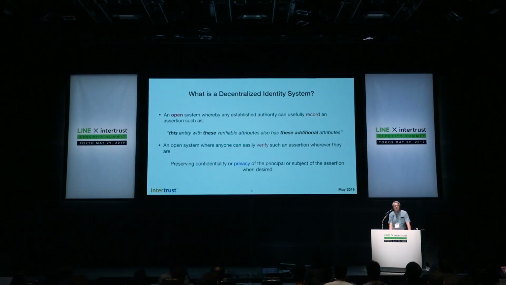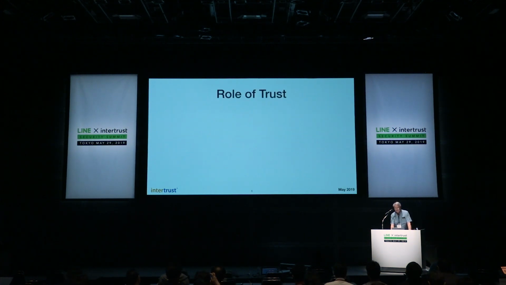It's fresh information, and if it has changed, it's even refreshed before the decision is made. And that's a daunting task, but that's the purpose of this kind of identity system.